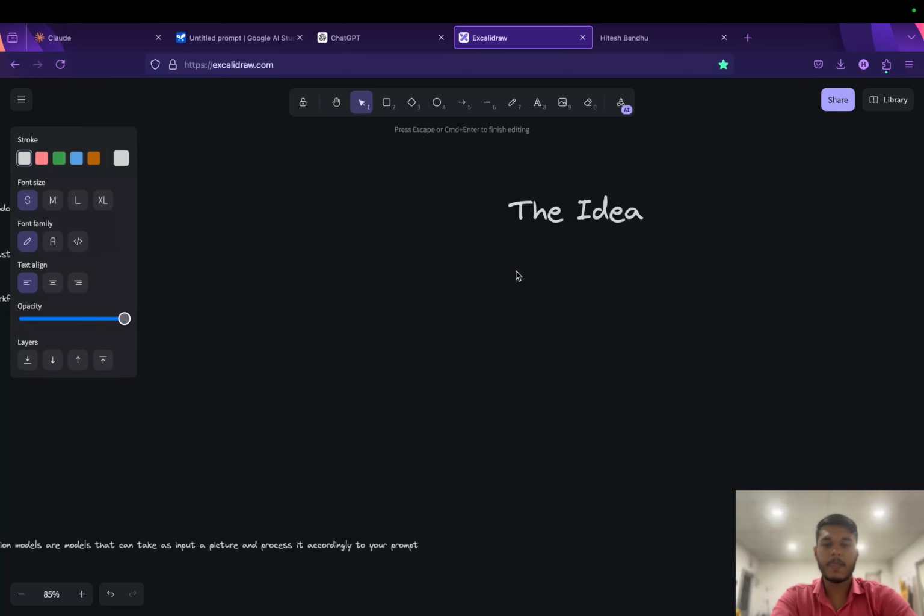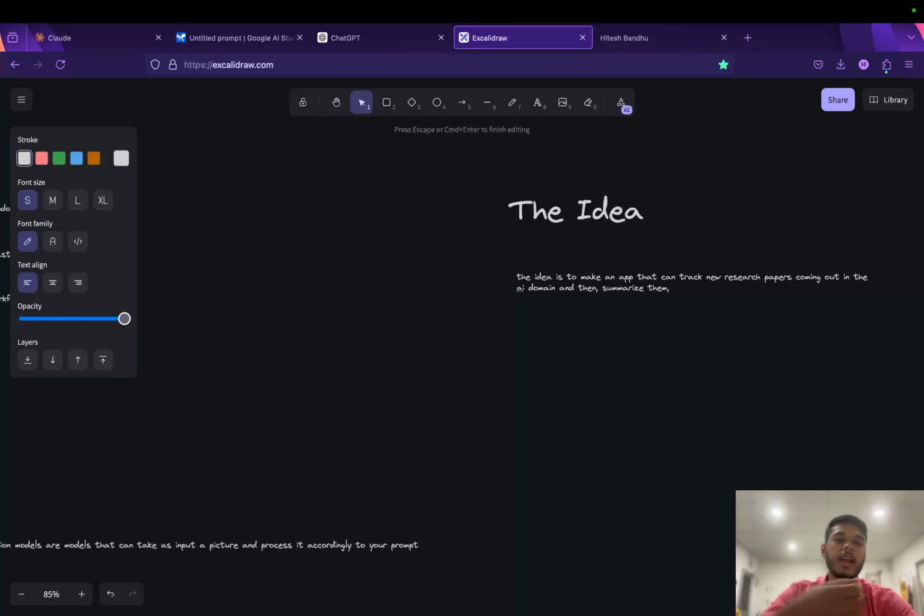The idea is to make an app that can track new research papers coming out in the AI domain and then summarize them. This is one thing, we can summarize it.